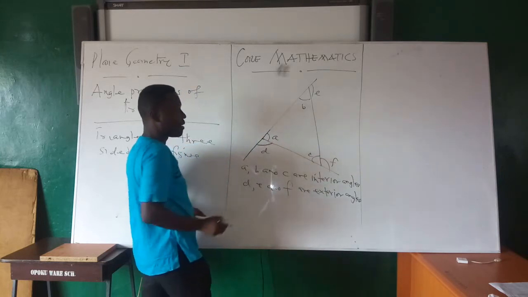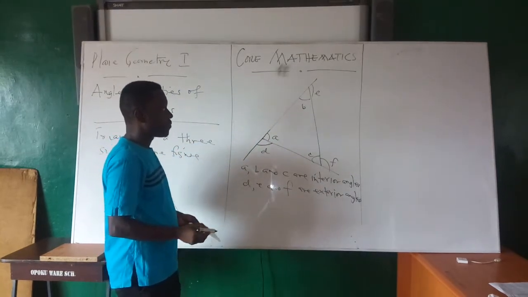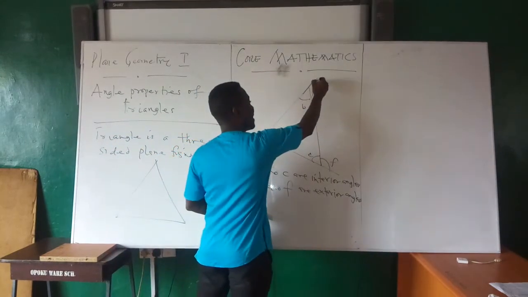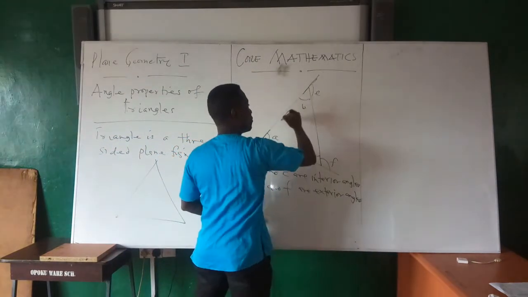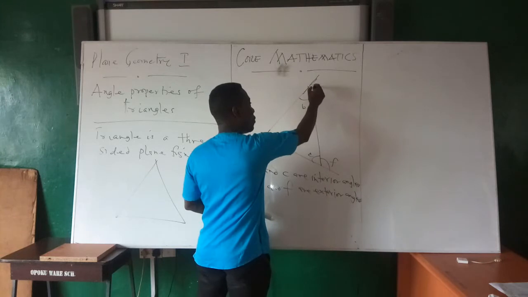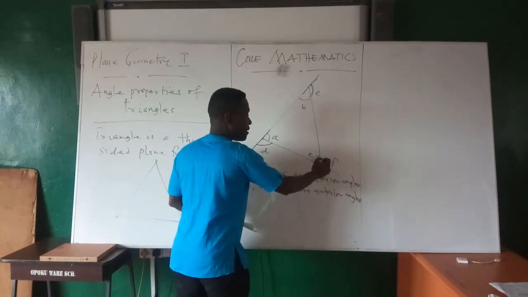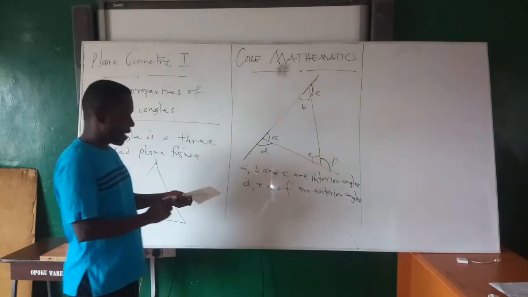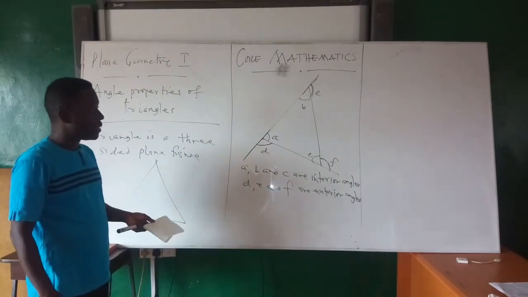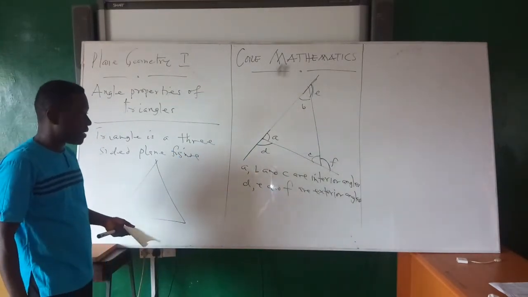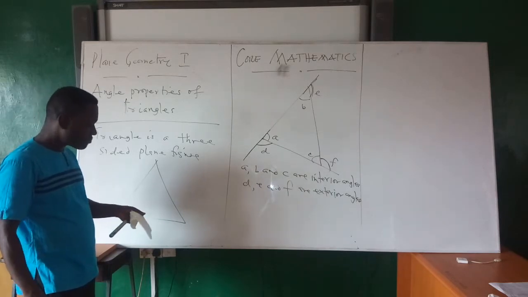Then in that case, you can form an exterior angle. It's the same here. This one is an extension of this whole side, and this is also another side. You have that angle. So those are what we can safely refer to as the exterior angle.